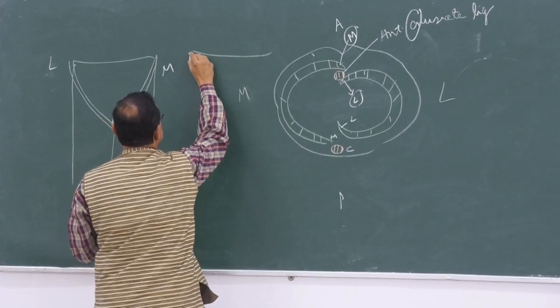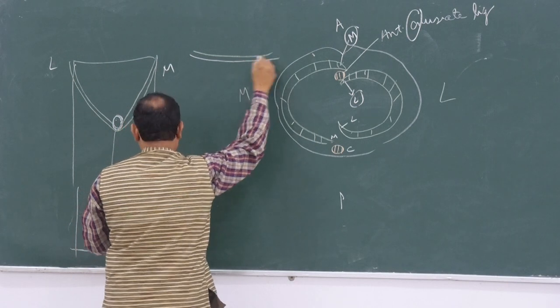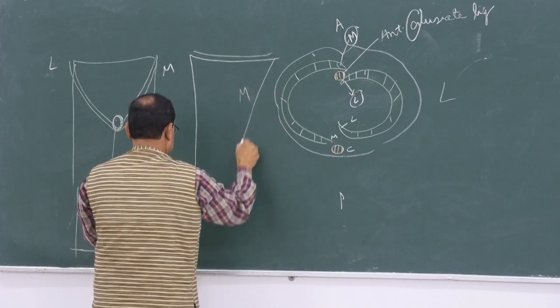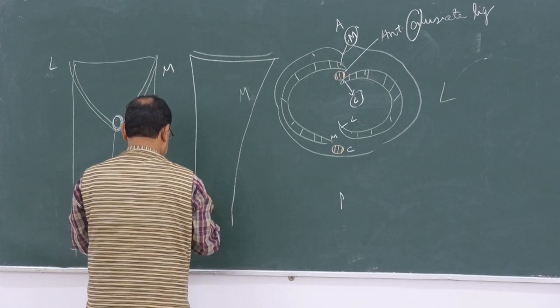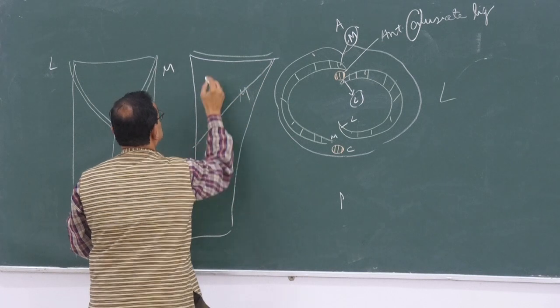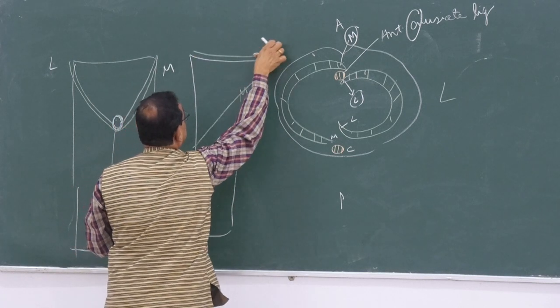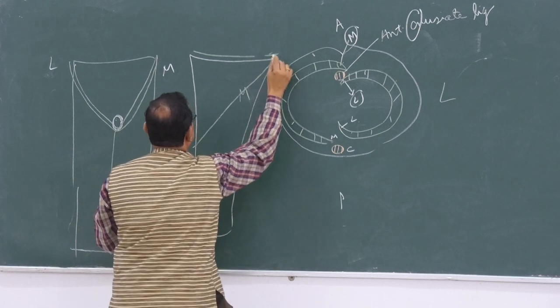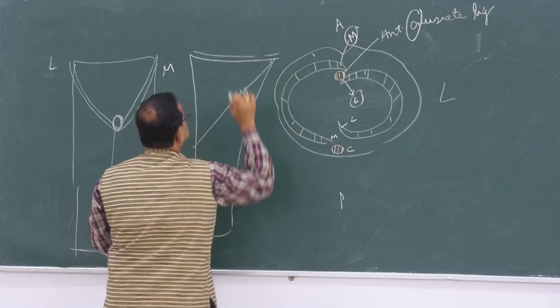If you see the posterior aspect, the joint capsule is deficient in the posterolateral area.